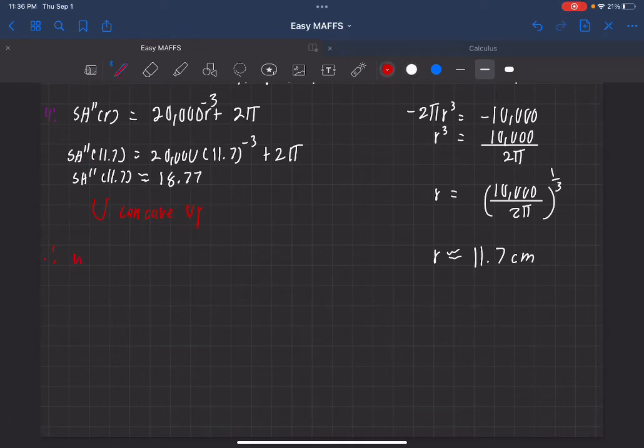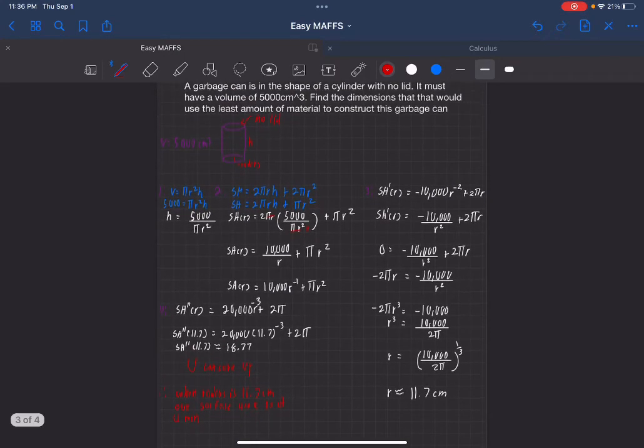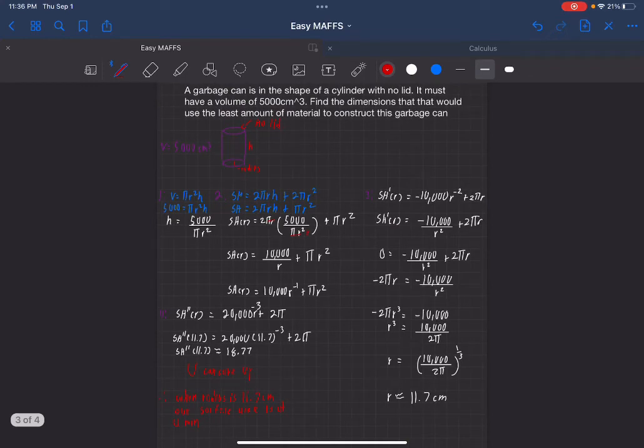So when radius is 11.7 centimeters, our surface area is at a minimum.